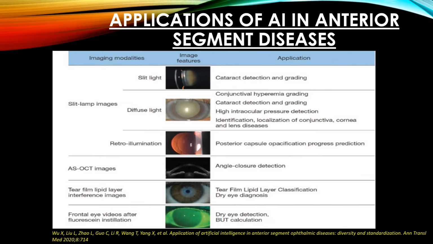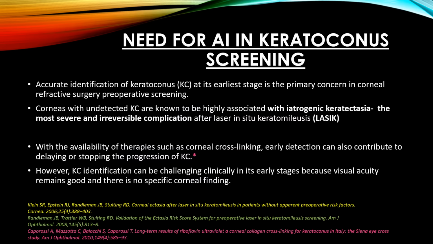On tear film lipid layer interference images, it can help us to classify dry eye. On frontal eye videos after fluorescein instillation, it can again classify dry eye and provide us with a tear film breakup time calculation.